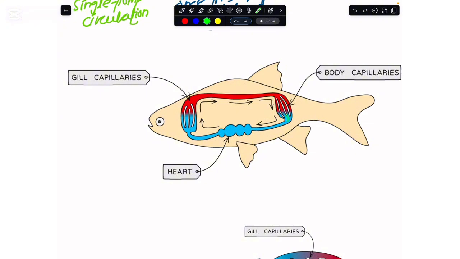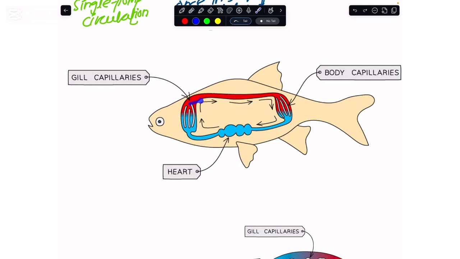This deoxygenated blood is taken to the atrium of the fish, then to the ventricle, and from here it is brought toward the gill capillaries, where the blood becomes oxygenated.